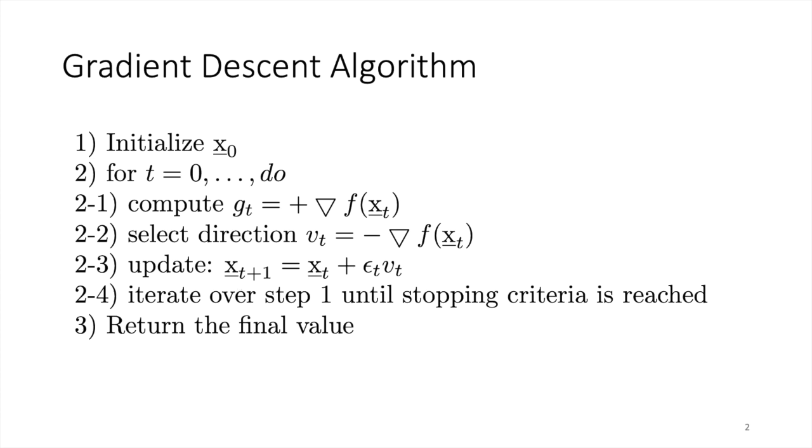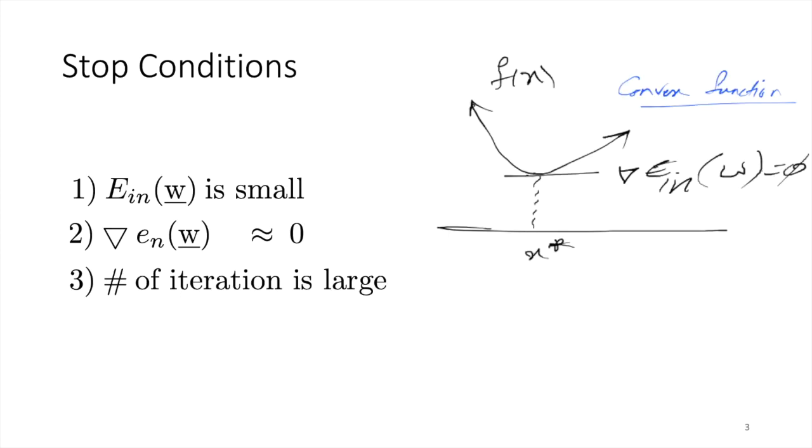We talked about the stop condition previously. In general, if we want to define some stop conditions, the first one is that we are interested in having the in-sample error of W as small as possible. Whenever we feel comfortable that this is good enough for us, we can stop, and this is relative to your problem.